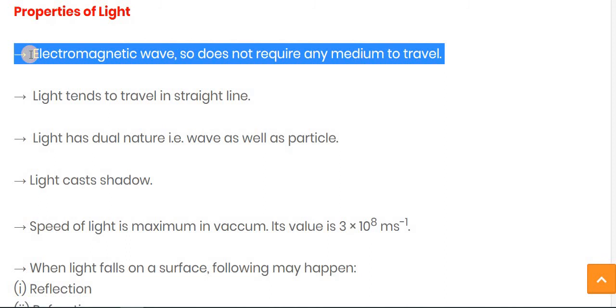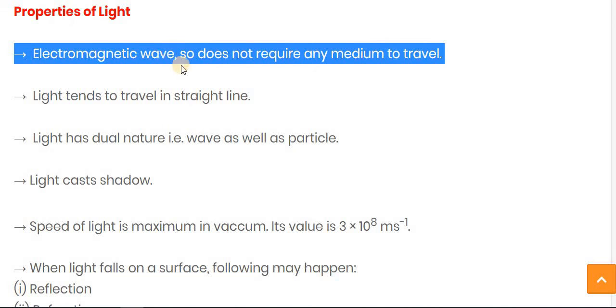The first property of light is that light is an electromagnetic wave. Light is an electromagnetic wave, meaning it does not require any kind of medium for travel.